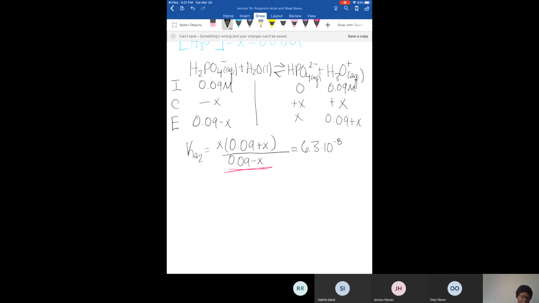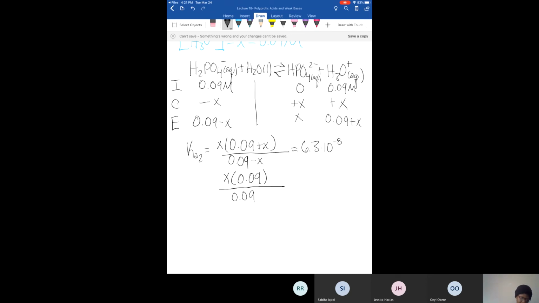Oh, sorry. Don't multiply that at the bottom. Please don't. You can ignore it because the Ka value is so small. I was like, it can't be this difficult. Okay, yeah, you can just ignore it. So you can rewrite this as X, even the plus X, both of them.